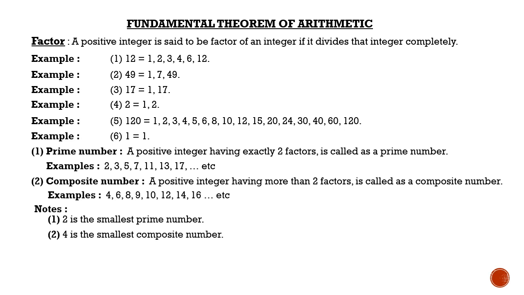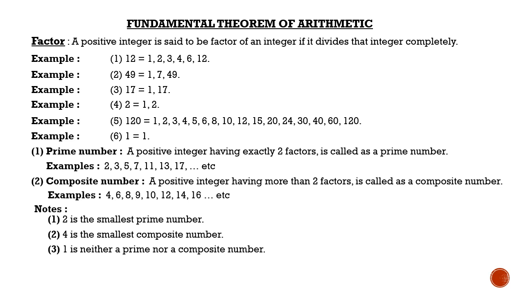Next note, 4 is the smallest composite number. If you are thinking that 2 may be the smallest composite integer, it's not like that. You can see in the list that 4 is the smallest composite number because 4 has 3 factors. Next, the number 1 is neither prime nor composite. Why is it so? Because 1 has only one factor.